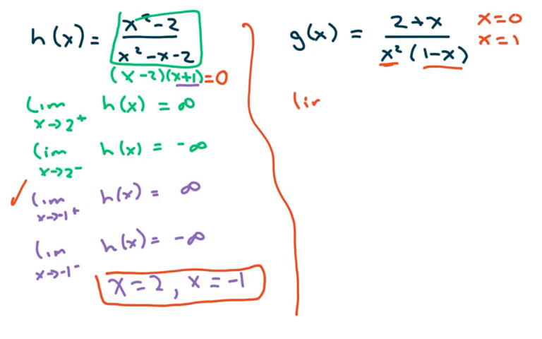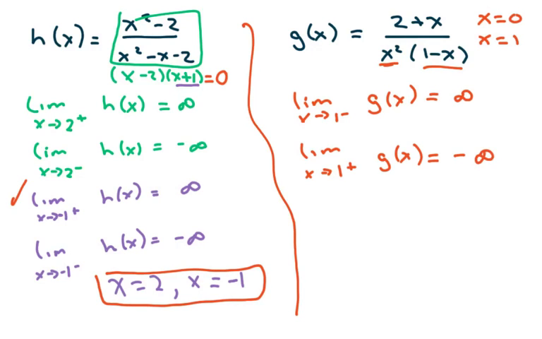The limit as x approaches 1 from the left of g of x equals infinity, and the limit as x approaches 1 from the right of g of x equals negative infinity. So x equals 1 is a vertical asymptote.